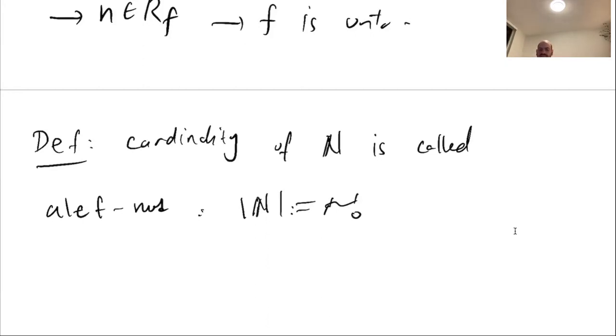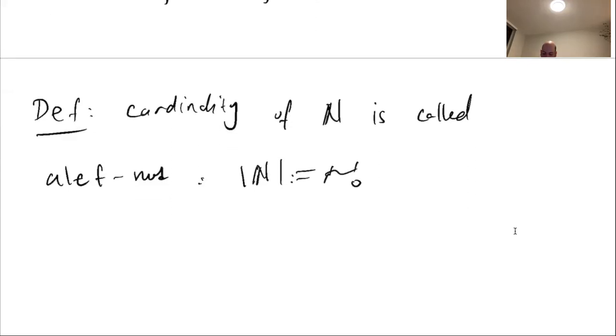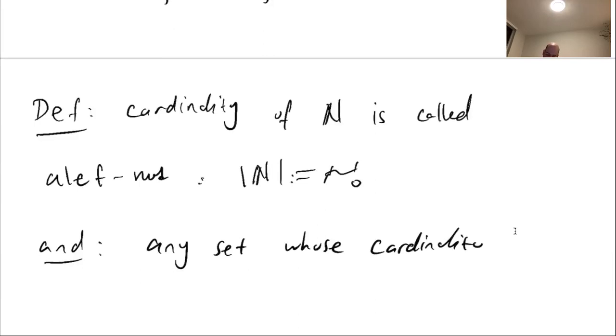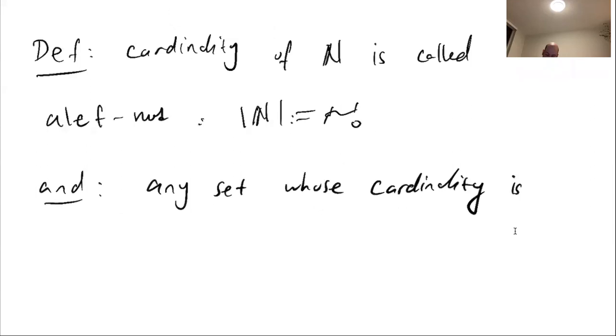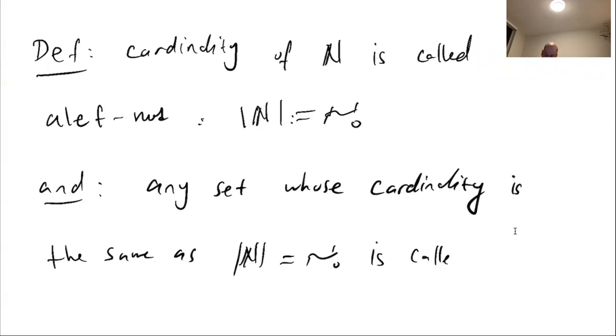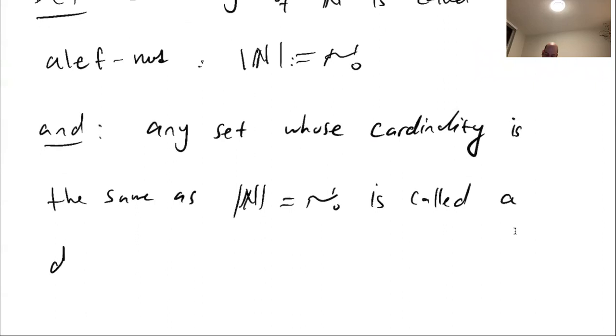Okay. And so another part of the definition: any set whose cardinality is the same as the cardinality of N, which, as we said, is called aleph naught, is called a denumerable set.